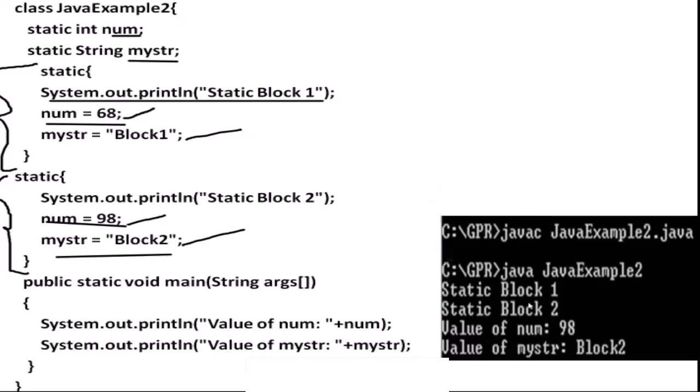It is going to print both, static block 1 and static block 2, and later on 98 and block 2 will be printed. Finally it is going to print the number 1 and number 2, because the number is overwritten, so the newest value will be printed last.